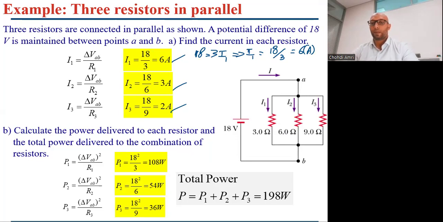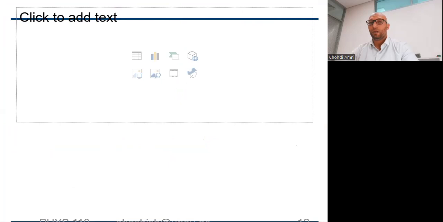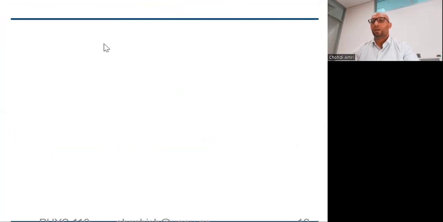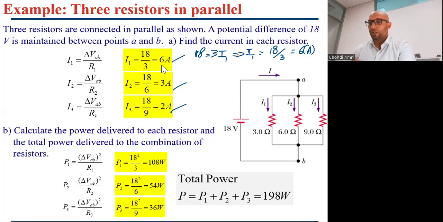As you know, the power across the resistor can be equal to I squared R, which is equal to delta V squared over R. Okay, which equation are we going to use? Here we have the current and we have the potential difference. We will use delta V squared over R. Why? Because delta V is already given and R is already given.